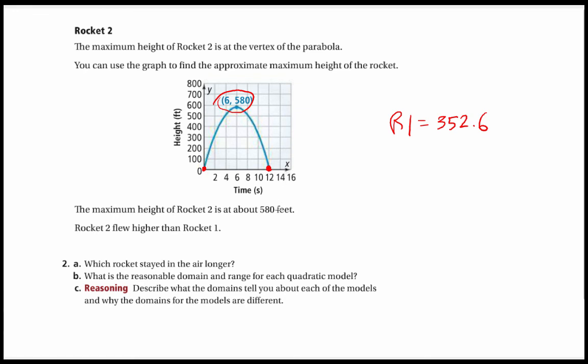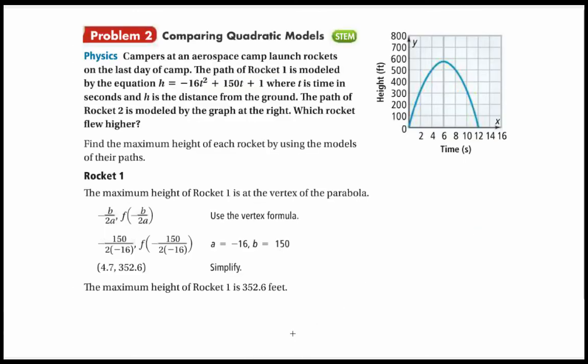So at 12 seconds, it looks like the rocket has completed its flight. So for rocket 2, the time that it was in the air was 12 seconds. All right, now let's go back to rocket 1. Rocket 1, how are we going to figure this out for rocket 1?